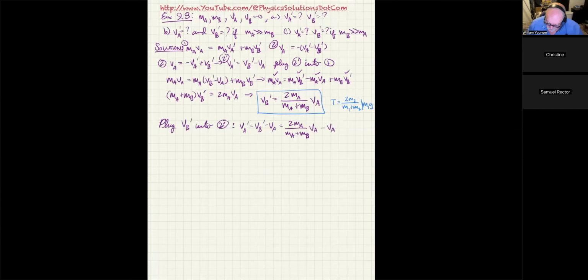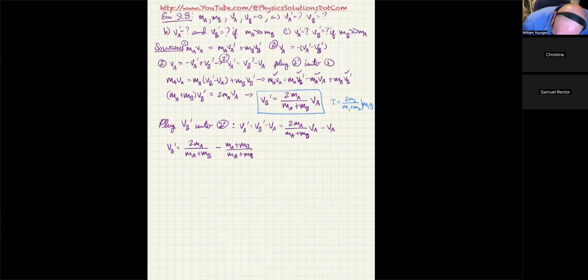Okay. So with this in mind, we can go ahead and get a common denominator. The common denominator would be MA plus MB. So I'm going to multiply the second VA term by MA plus MB over MA plus MB. So now I'm going to get VA prime is equal to 2MA over MA plus MB, like that, and minus MA plus MB over MA plus MB.